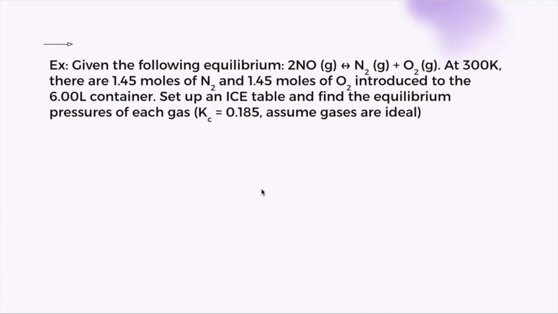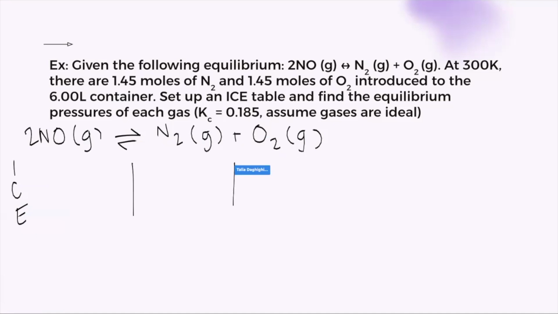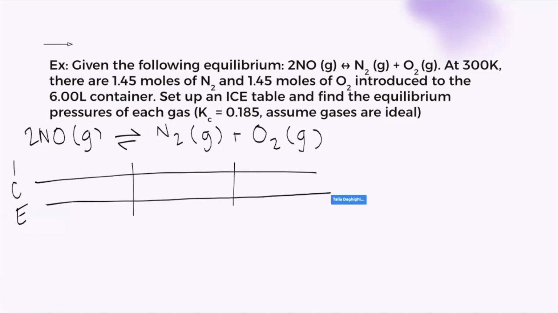All right, so I'm going to keep going. Now I'm going to set up my ice table. So I have 2NO, we have N2 plus O2. And this ice table is going to be interesting because instead of starting with no products, we're starting with no reactants. So we previously discovered that our starting pressure for N2 and O2 is going to be 5.95, and we're going to have zero reactants because we're not told anything about the pressure of the reactants.